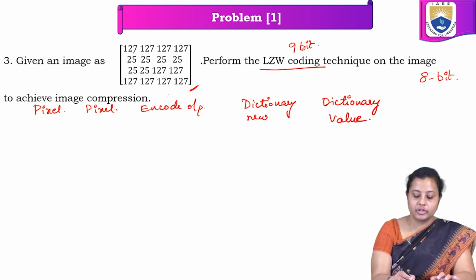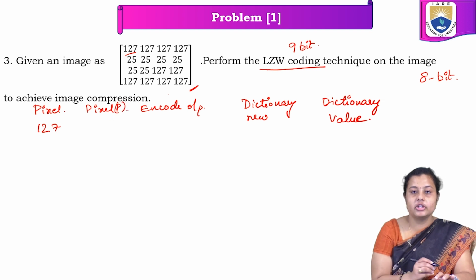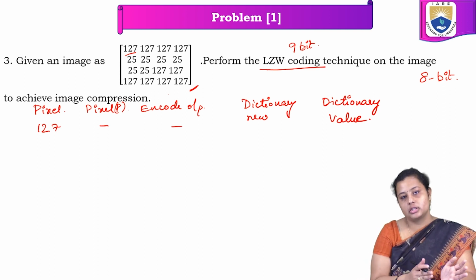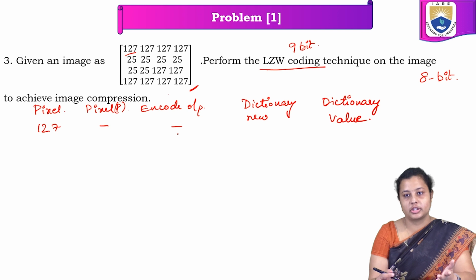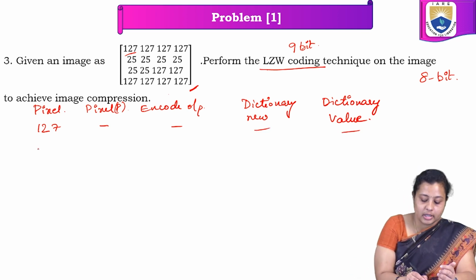When you consider your first pixel value, which is 127, do you have a previous pixel? We don't have anything, so this is 0. 127 already exists in our dictionary, so the encoded output is a hyphen. There is no dictionary new entry. We leave it as it is. Next, we will take the symbol 127.